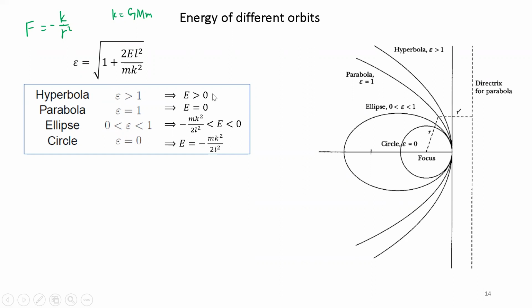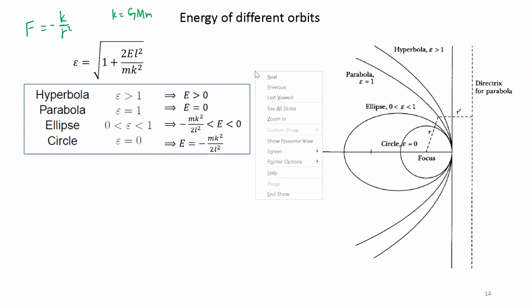For epsilon exactly equals 1, I want this whole term to be 0, so that means E is 0. Similarly, you can show the requirement for the energy for the ellipse and circle.